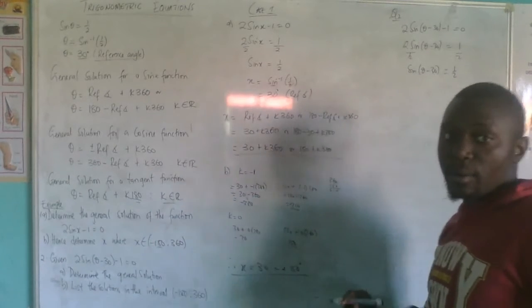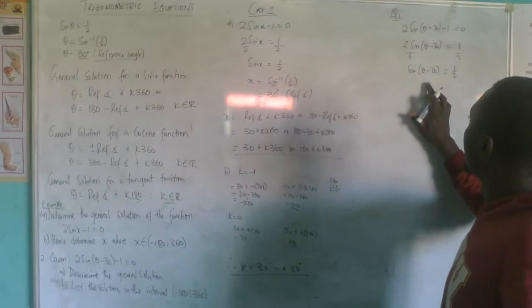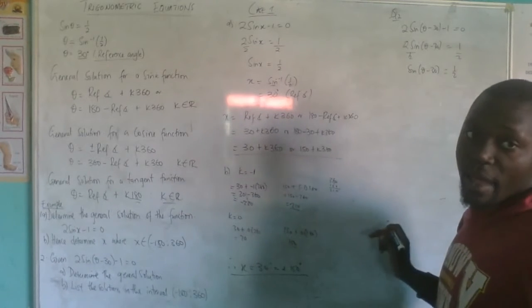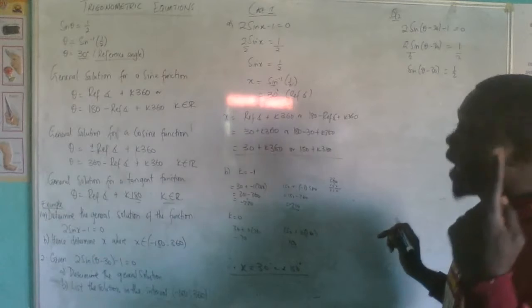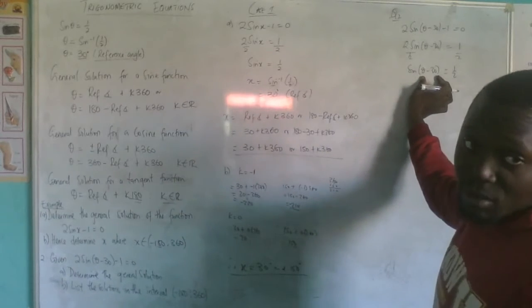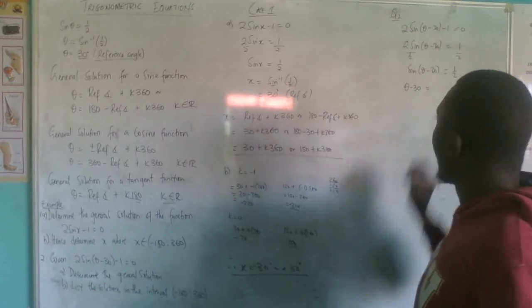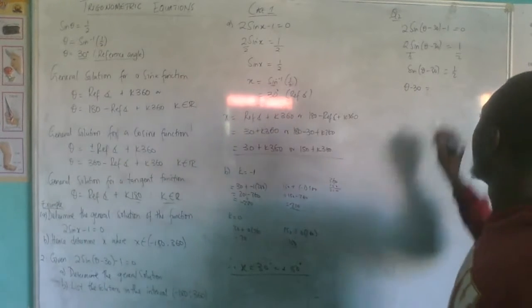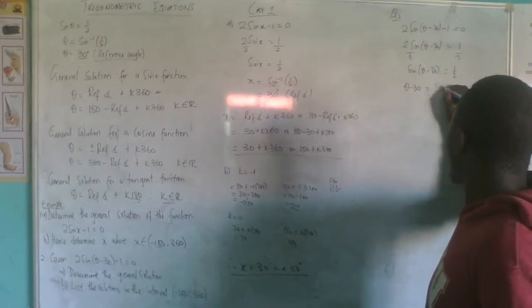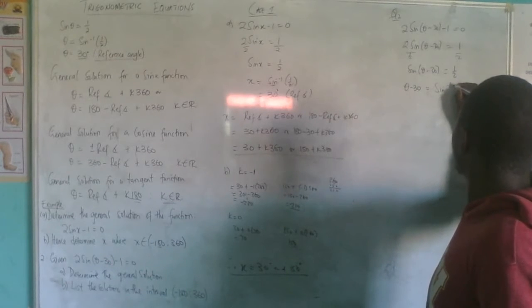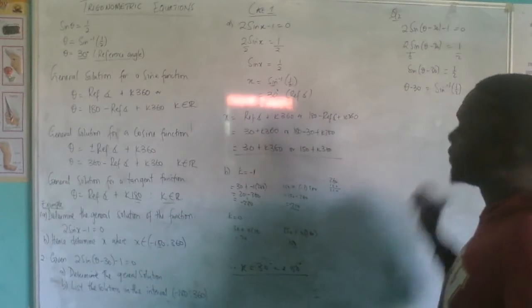So now, at this point, this is taken as a whole angle, as one angle. So if I'm taking it as a single angle, that means I'm finding theta minus 30 as my angle. So this will equal arc sine of half.